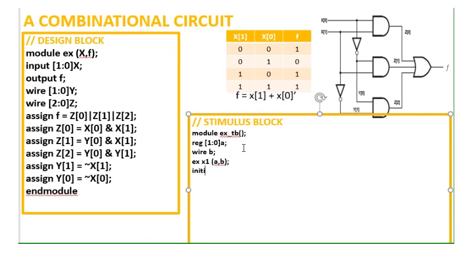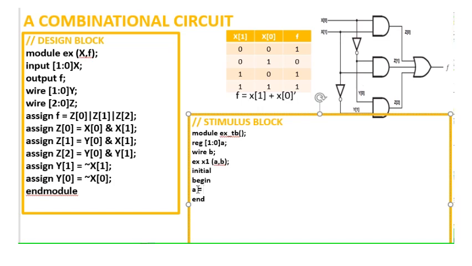Next is applying the stimulus using the initial block. The statements in the initial block should be enclosed between begin and end. Now here I will give values. The first parameter, which is a 2-bit signal, takes values 00, 01, 10 and 11. Since it is a 2-bit signal, you should be giving the constants as a vector itself.